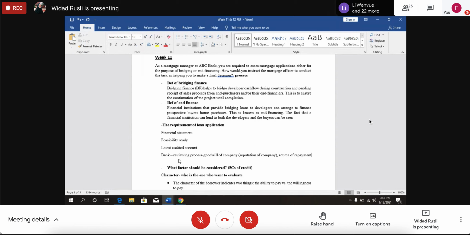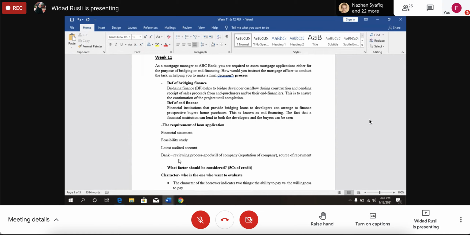So basically, we can identify the source of repayment. Or if the developers have a different project that already has sources of income, it's a lot easier for the developers to get the bridging loan that they are applying for.